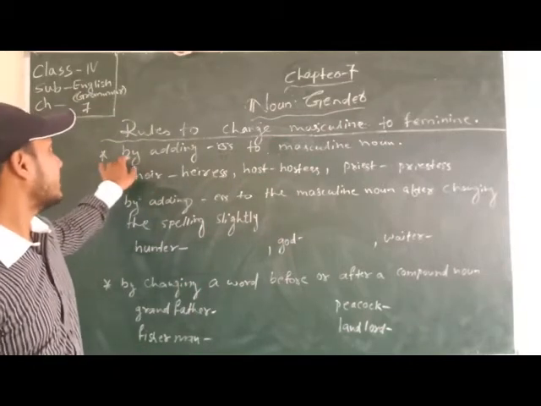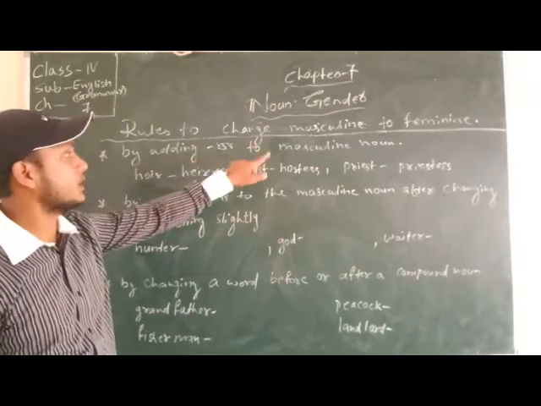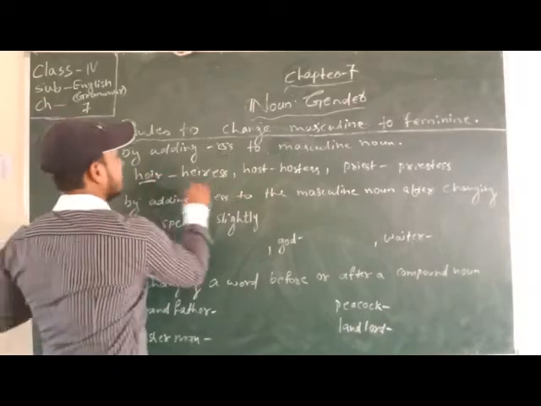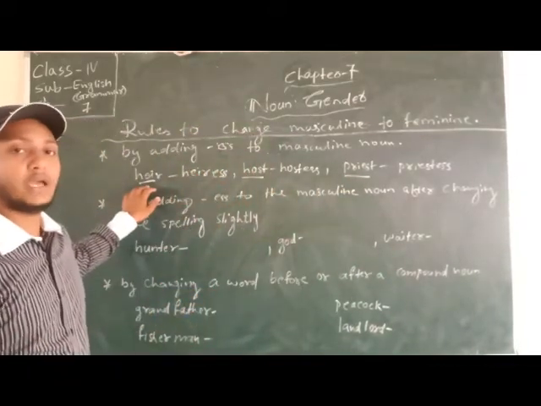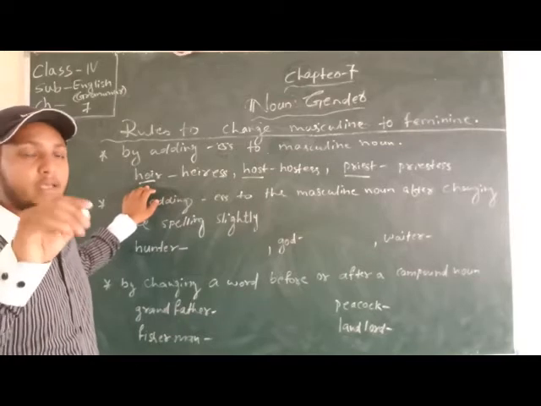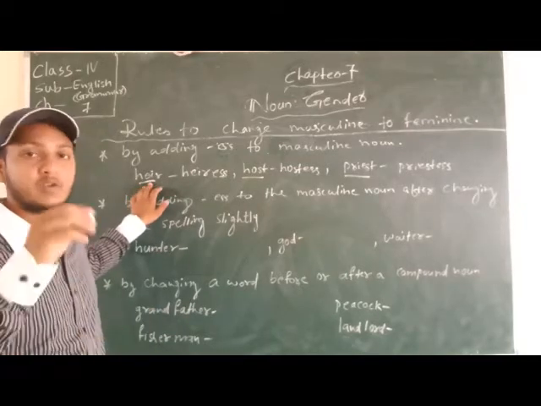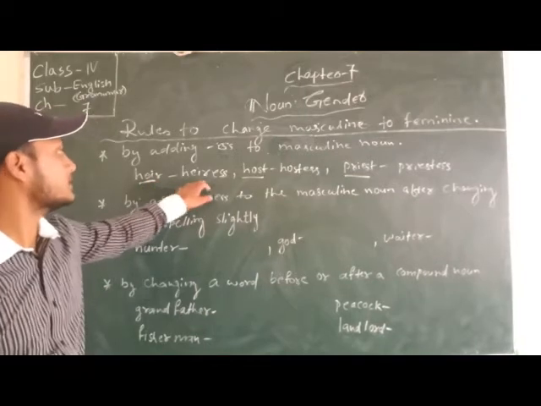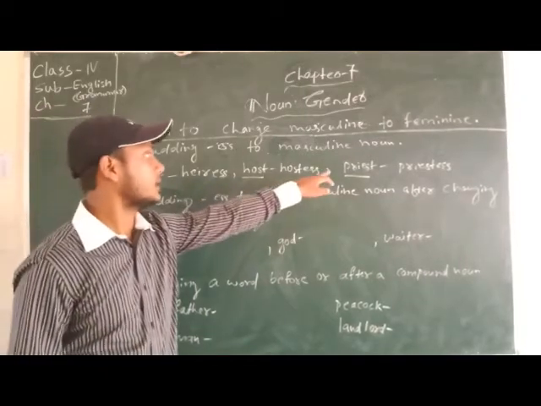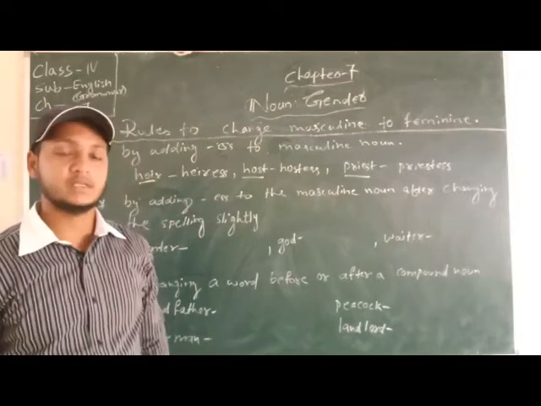So first one is by adding ess to masculine nouns. These are all masculine nouns, and we add ess to make them feminine nouns. So heir becomes heiress, host becomes hostess, and priest becomes priestess.